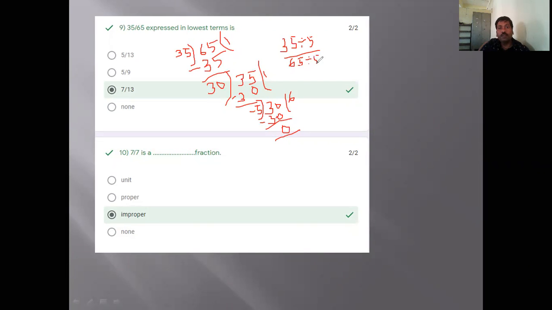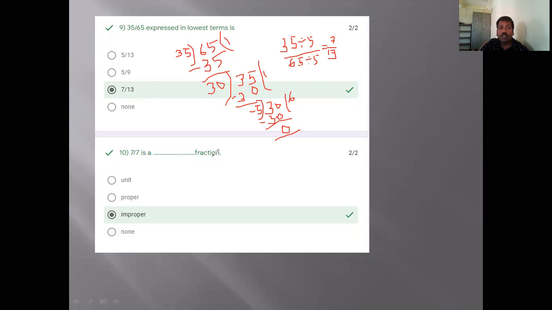When 35 is divided by 5, we get 7, and when 65 is divided by 5, we get 13. So the answer will be 7 by 13. This is the lowest term. In this way, we can find the lowest term of any fraction.